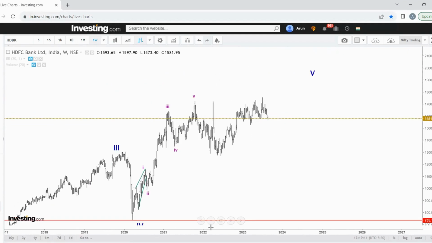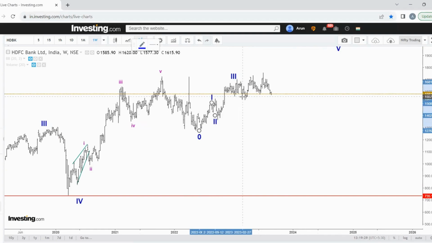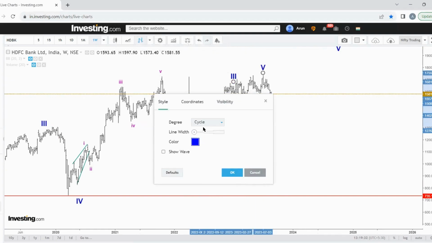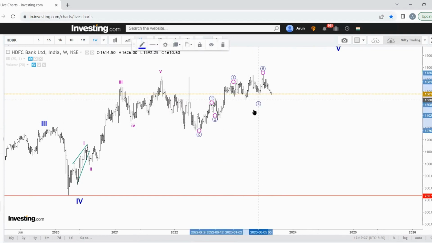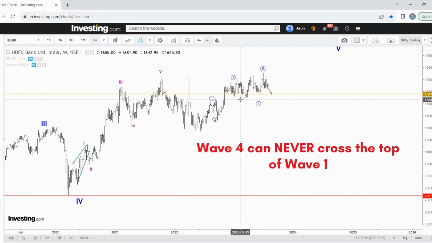Do we see any clear patterns in weekly? See, we have seen only a 3 wave here. Even if we take 1, 2, 3, 4 and 5, see this fourth low touches the top of wave 1, so we cannot call it wave 4 now.